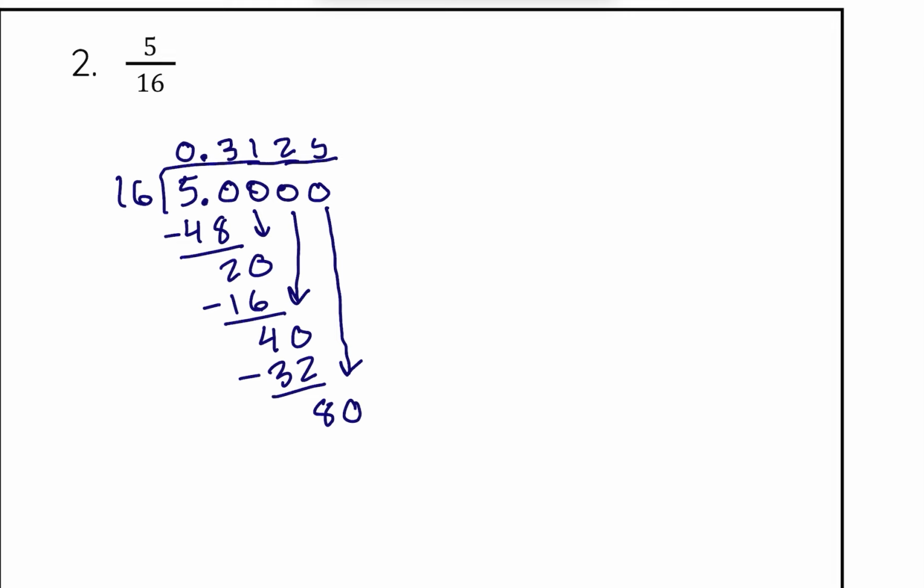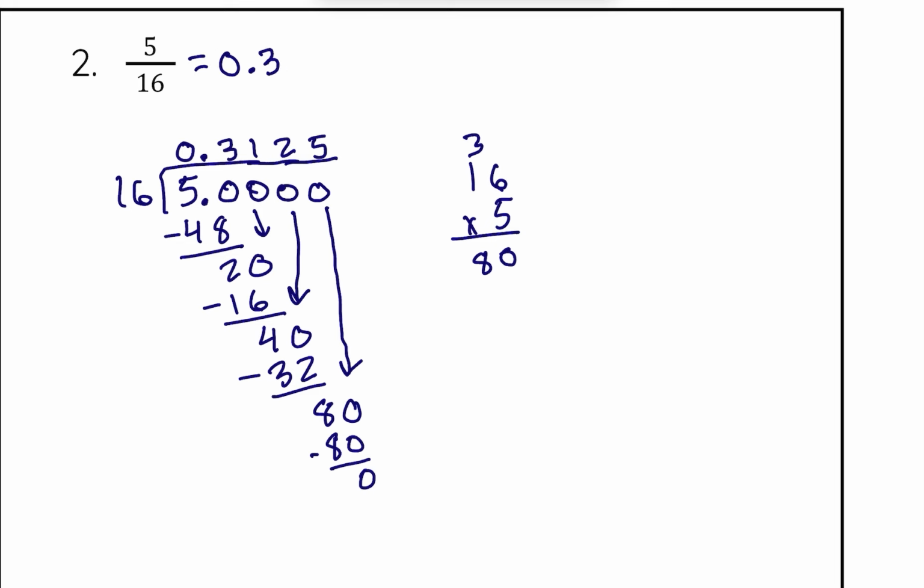It'll be 5 times, and if you didn't know that, it's okay to do some scratch work off to the side. So 5 times 16, 5 times 6 is 30. 1 times 5 is 5, add the 3, you get exactly 80. So when we subtract, we have a remainder of 0, which means that we've arrived at our final decimal answer.